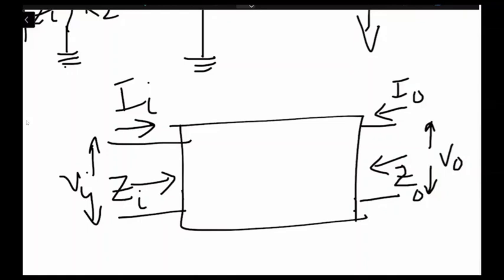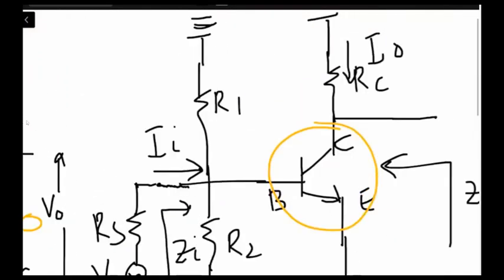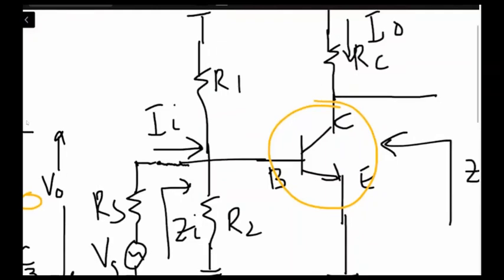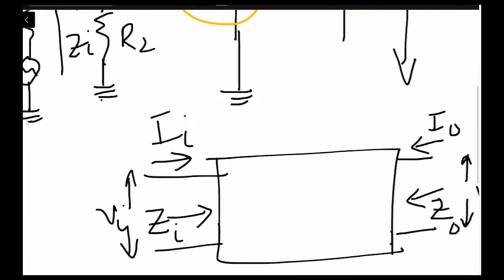If you try to analyze this AC circuit with the system which I have just shown you, this is basically the system. The system has two input ports and two output ports.